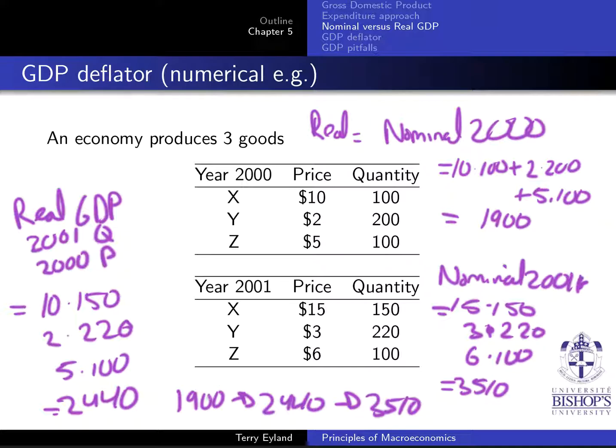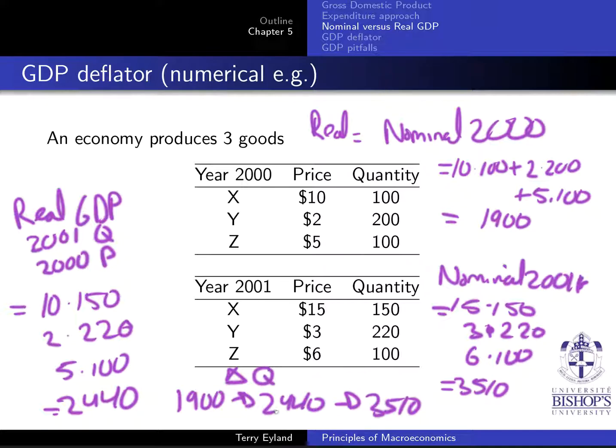However, how much of that big change is attributed to changes in prices and how much of it is attributed to changes in quantities? Well, going from here to here, what's going on? I'm looking at prices of 2000 and quantity of 2000, to prices of 2000 and quantities of 2001. So this change going from 1900 to 2440 is due to a change in quantity.